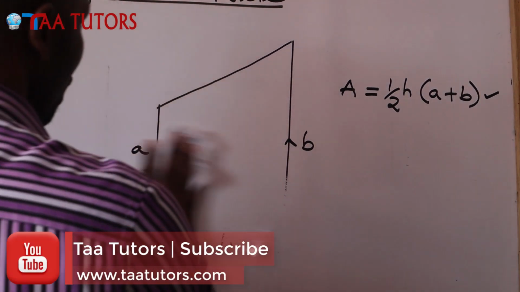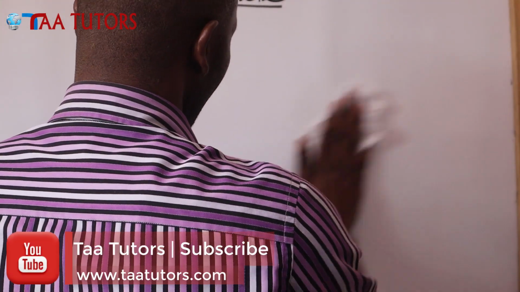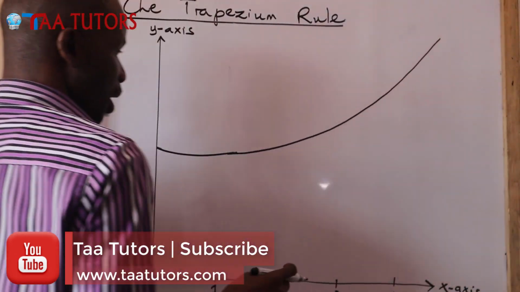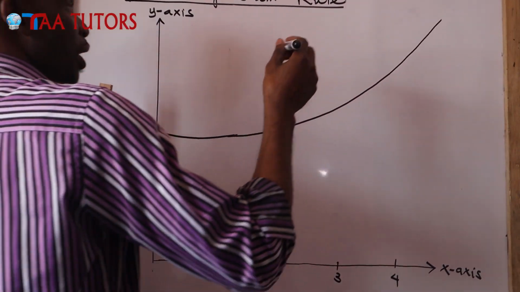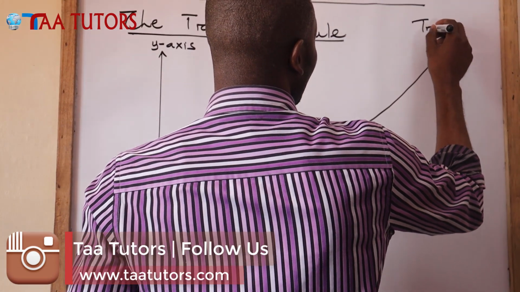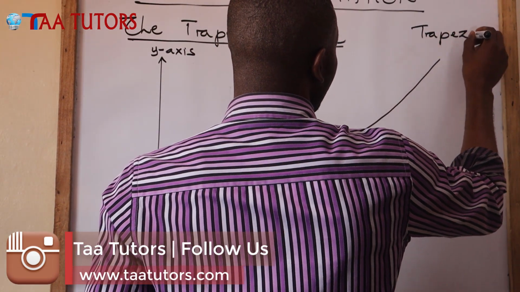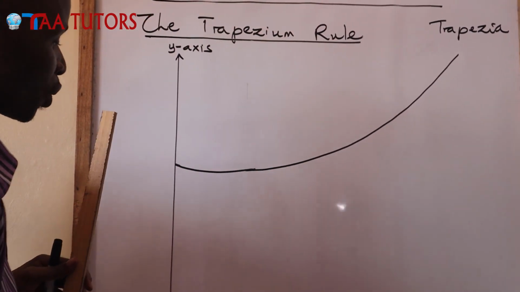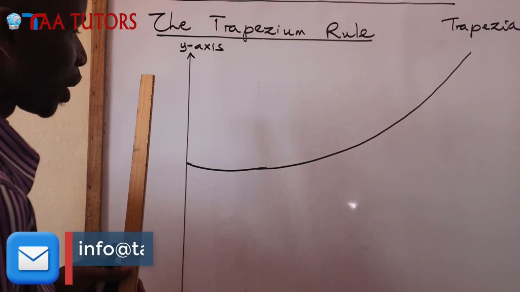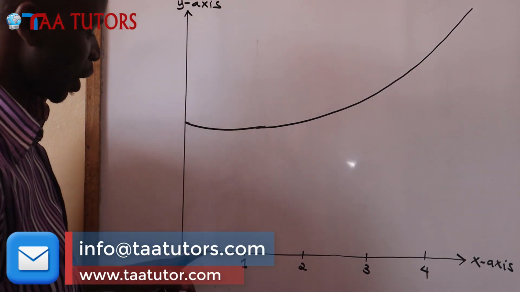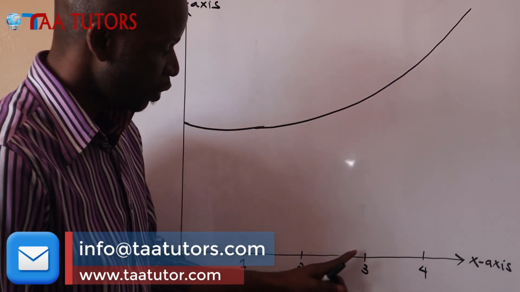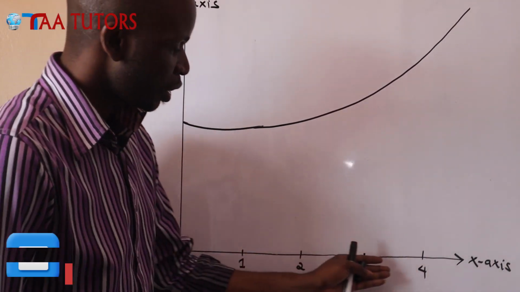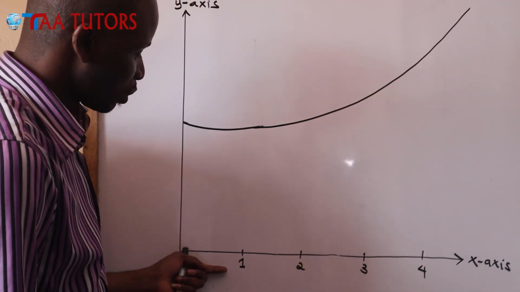So let me sketch something here for you. Trapezium is singular, but when I say trapezia, it means there are many, more than one. If you want to get 4 trapezia, you can see from here we have 1, 2, 3, 4. There, we have divided this. Remember that this one here must be uniform.